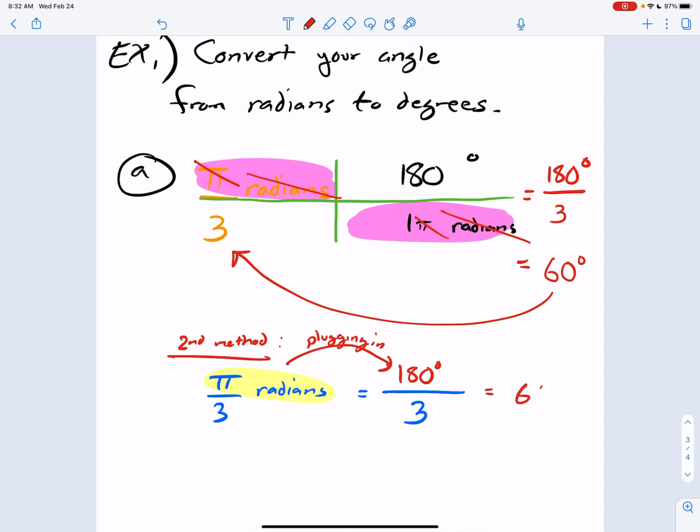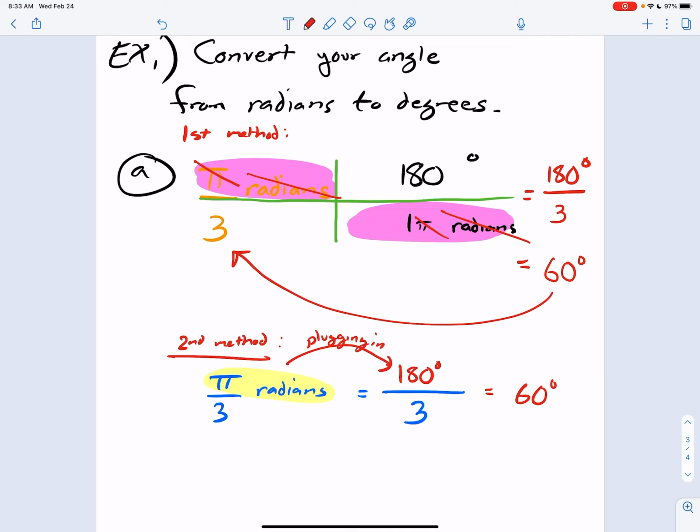And from that, you get 60 degrees. Okay? Now, the first method, although it takes a little bit longer, it always works. That's the positive to it, okay? It always works. The second method is a lot faster, but it doesn't always work for every situation.